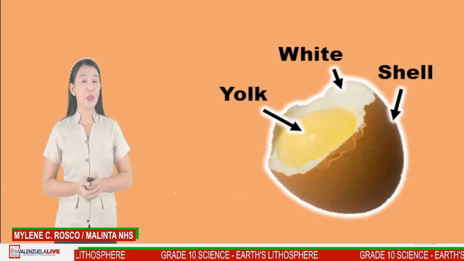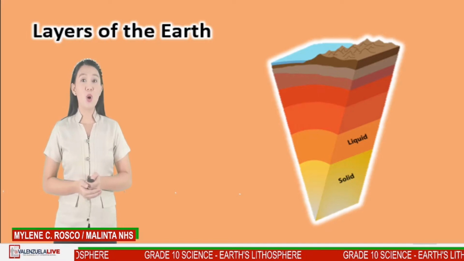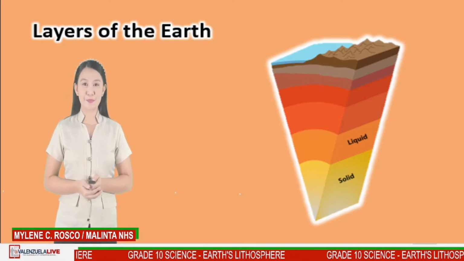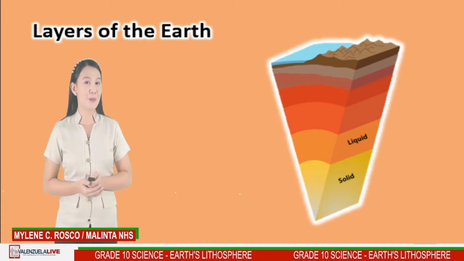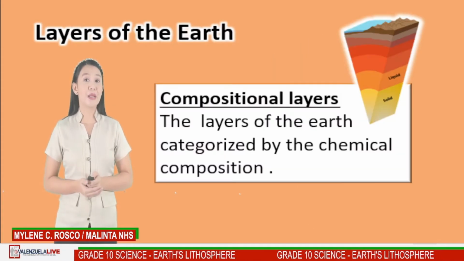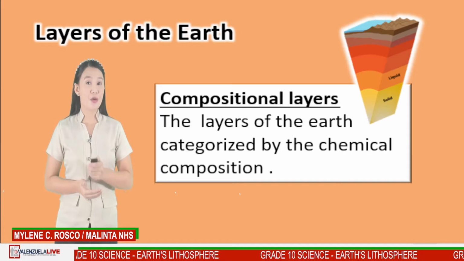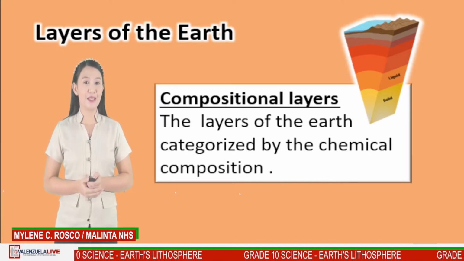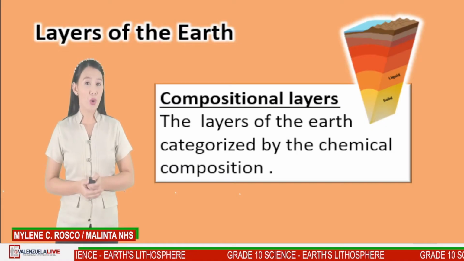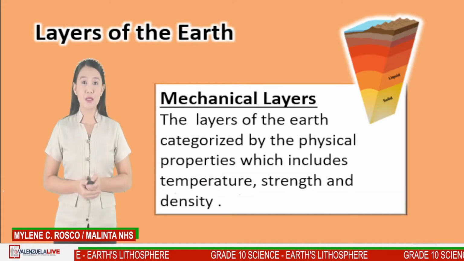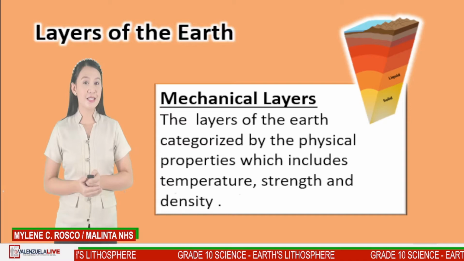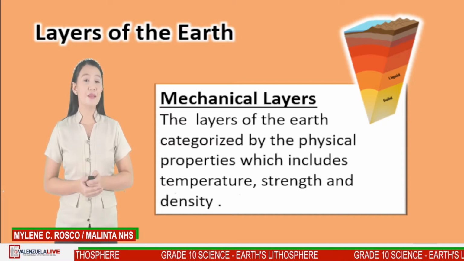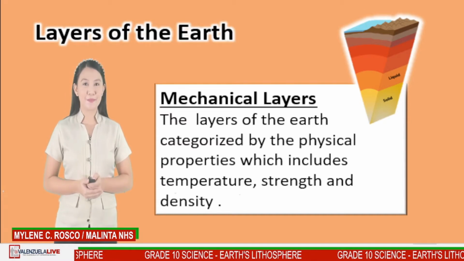Similar with hard-boiled egg, the Earth also has different layers. The layers of the Earth can be categorized into two manners, either by the chemical compositions, these are the compositional layers of the Earth, or by the physical properties, which includes temperature, strength, density, and we call them the mechanical layers.